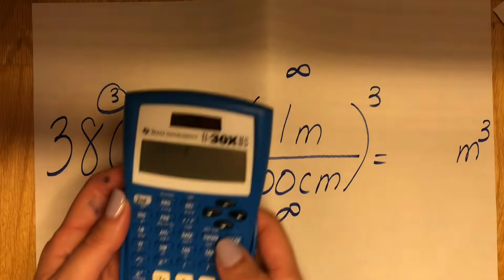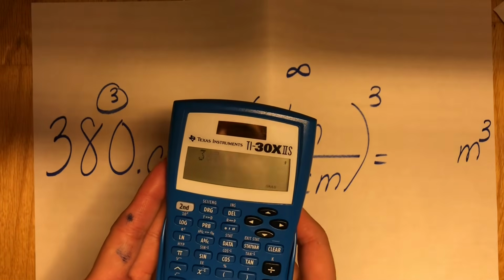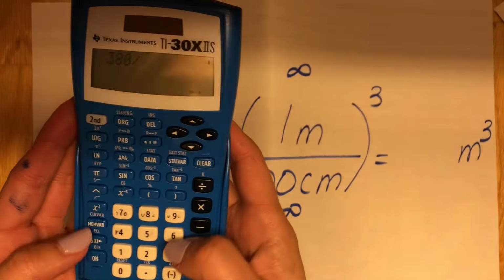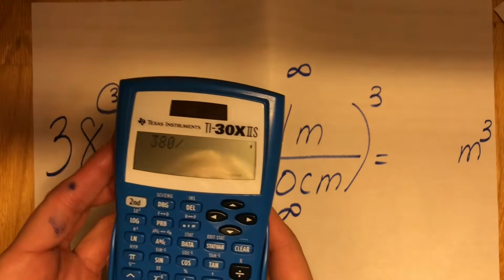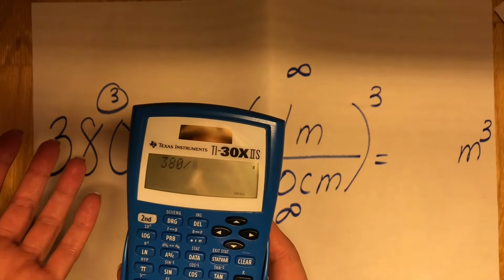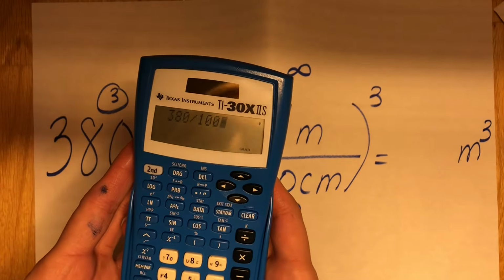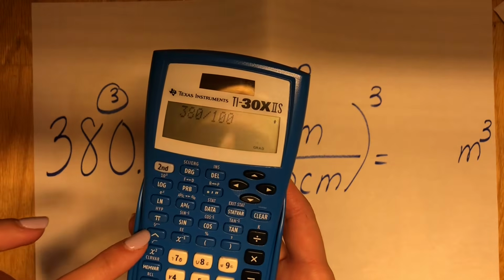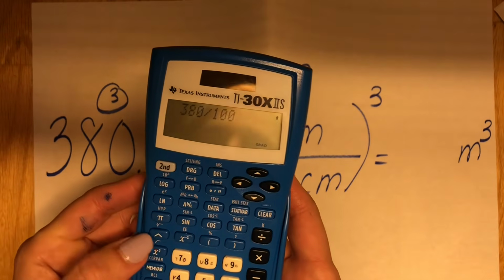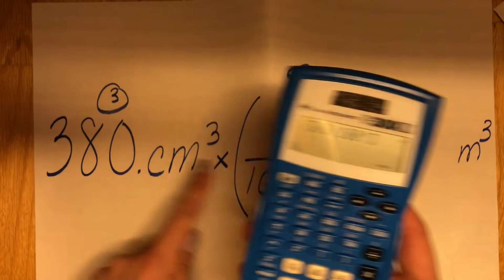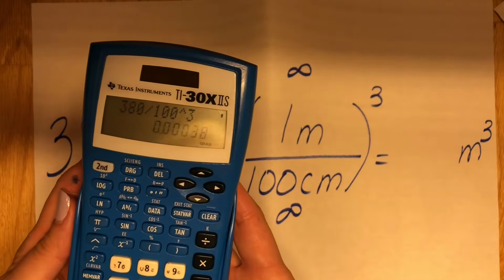So I'm going to hit 380 divided by 100 cubed. So now you have to find the cubed feature on your calculator. If you're using this one right here, you're going to do 100 and then you're just going to use the caret button and you're going to raise it to the third. So again, remember that's being divided and hit enter.